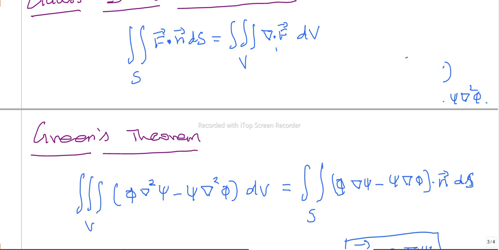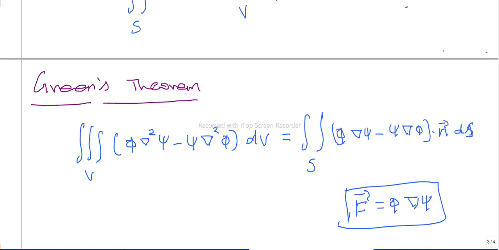You can prove it from either side. So if we take the vector point function F equal to phi del psi, you get Green's theorem. Therefore Green's theorem is a simple deduction from the Gauss theorem, where phi and psi are scalar point functions.